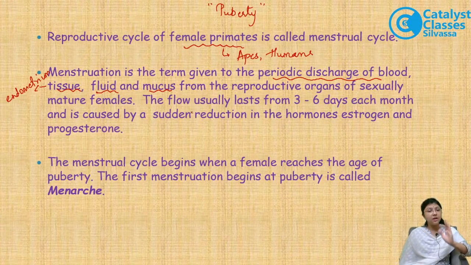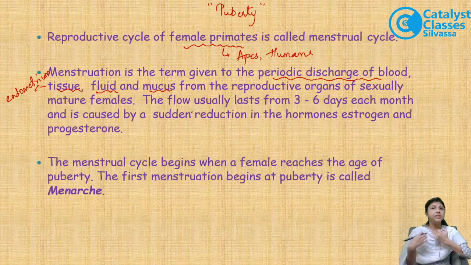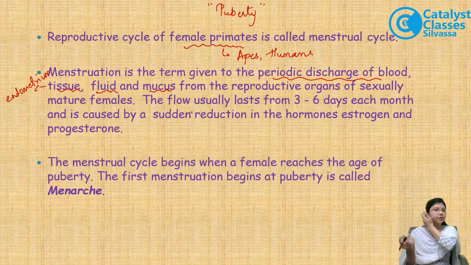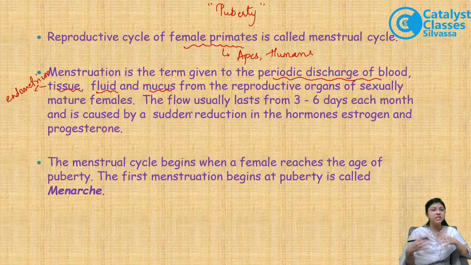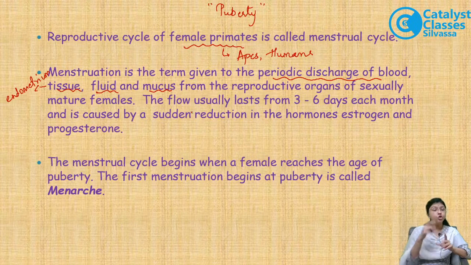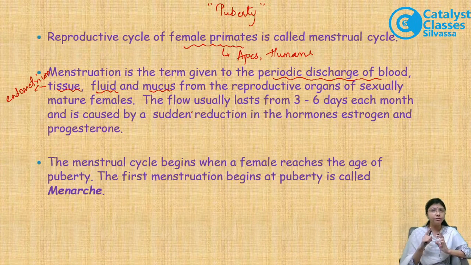Now, depending upon the female's body physiology, you will see that the physiology of different people is different. Some females are very healthy, some females are very thin. So depending upon their body morphology, structure, features, as well as the physiological part, the menstrual cycle will appear in a female for specific days.